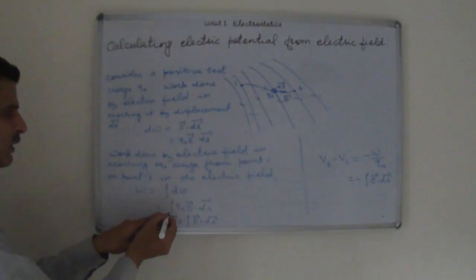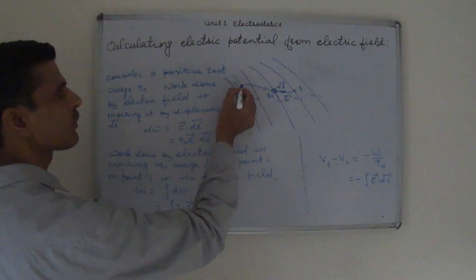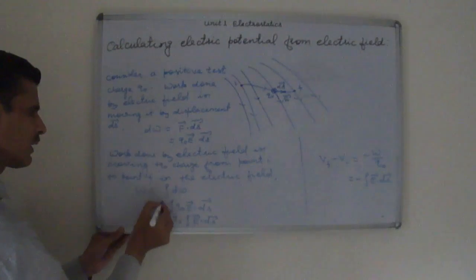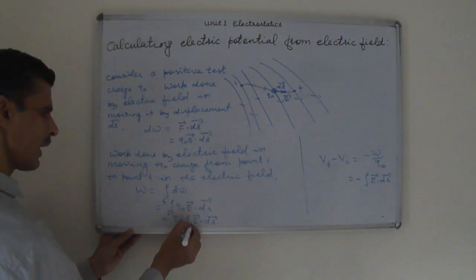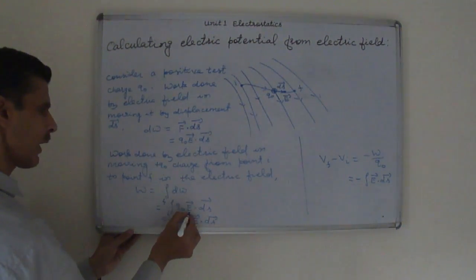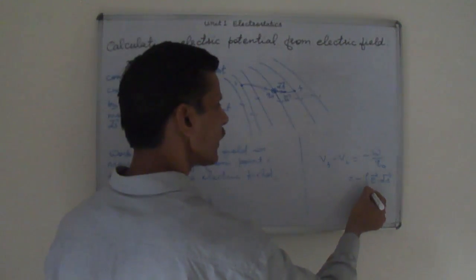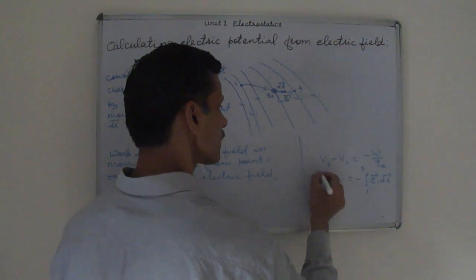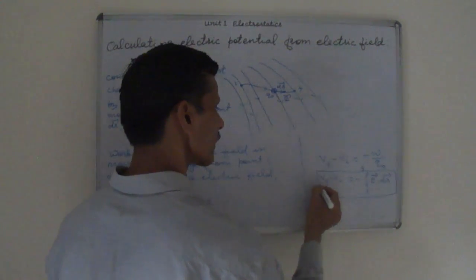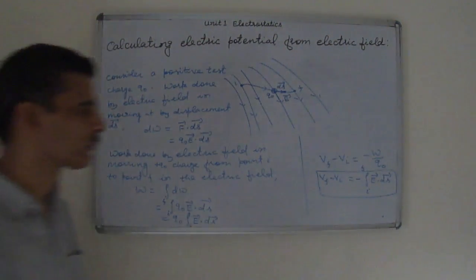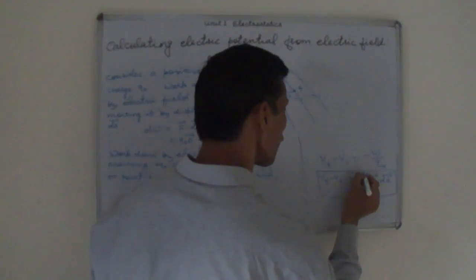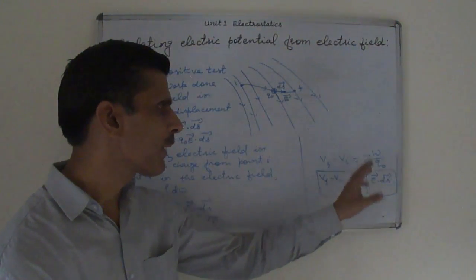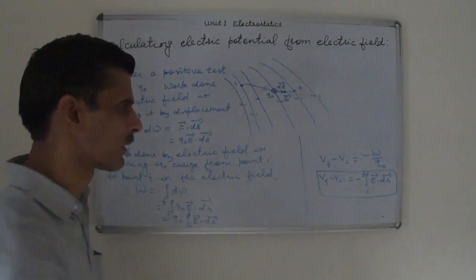Here initial point is point I and final point is F, so we can integrate from point I to point F. So this is the relation: Vf minus Vi is equal to minus integration I to F E dot ds vector.